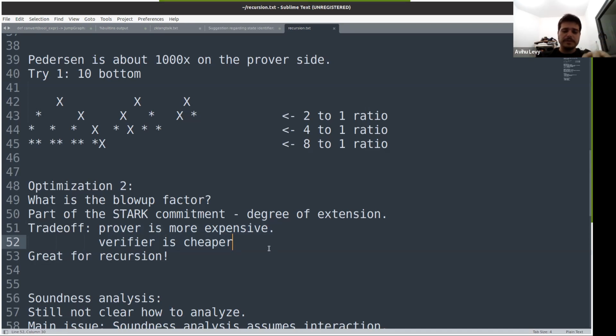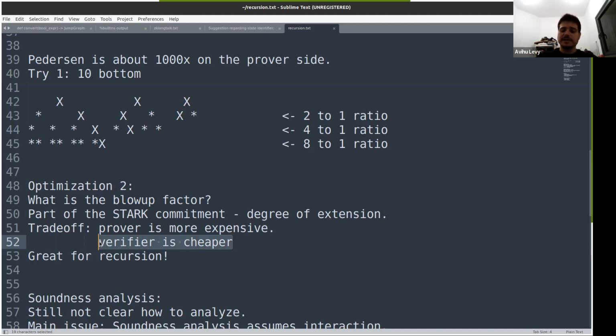So if we think about the tree of recursion, where every node is a proof, and we have 2-to-1 compression proofs, then all of these proofs, except maybe for the root of the tree, can be very expensive in a way, because they are still off-chain.